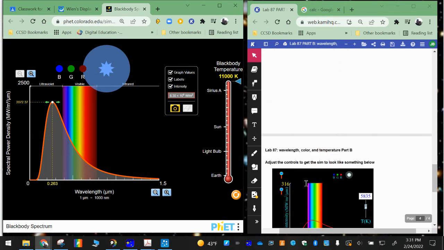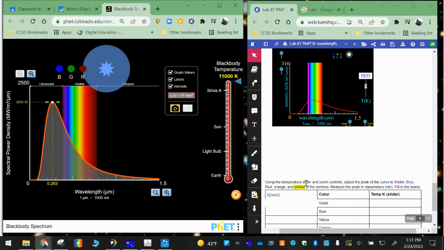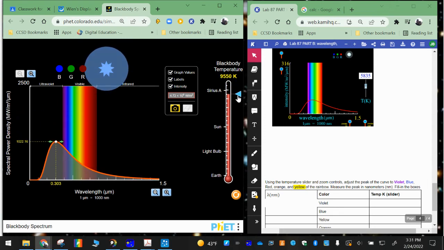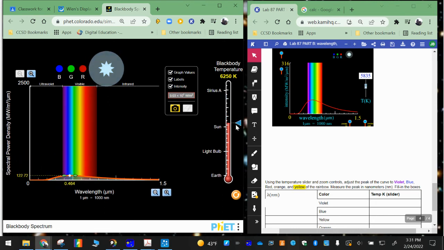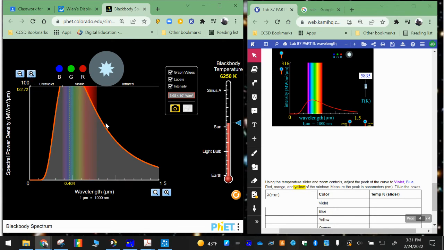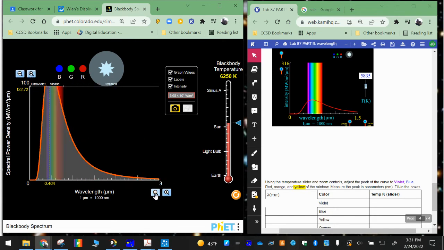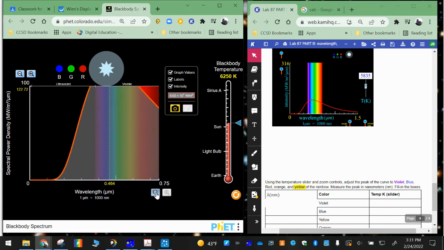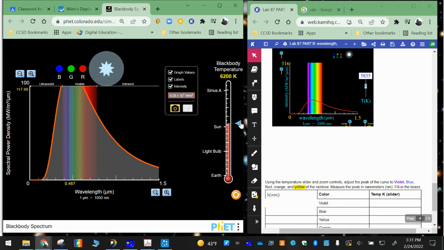Then question 10: we want to drop this down to maybe 500, was it 583? So maybe we have to zoom in a little bit here and zoom out. Okay, let's drop it down to 583.